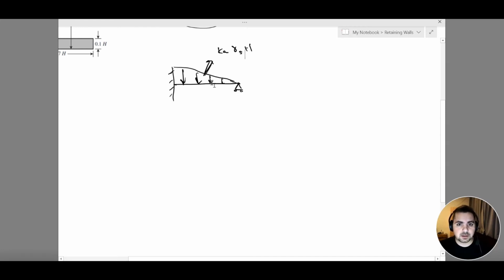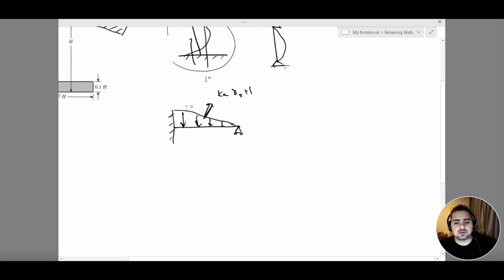Then we apply the capacity equation, and we find the area of steel.